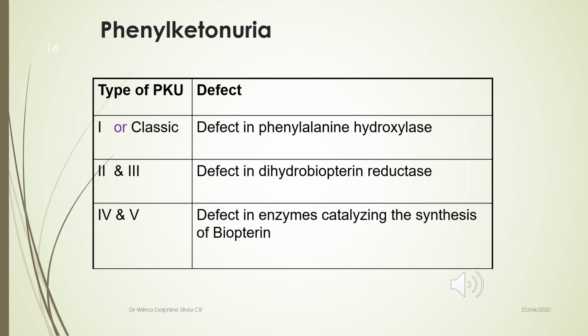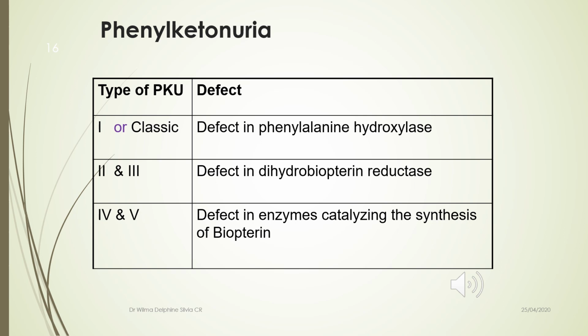The defect or deficiency of phenylalanine hydroxylase leads to classic or type 1 phenylketonuria. A defect in dihydrobiopterin reductase, which is required for the regeneration of tetrahydrobiopterin, leads to type 2 and type 3 phenylketonuria, and a defect in enzymes utilized for the synthesis of tetrahydrobiopterin from GTP leads to type 4 and type 5.